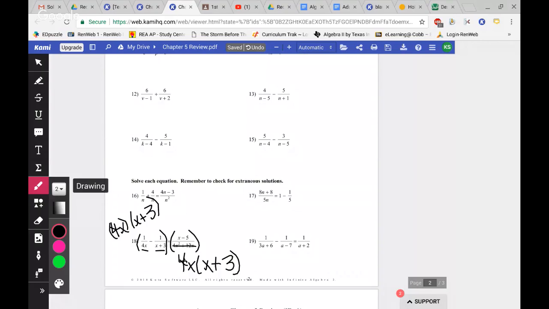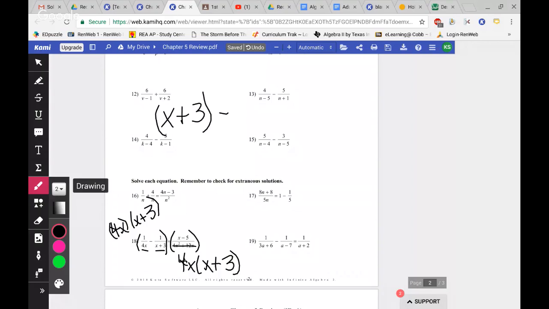And so what you're looking at is 4x goes into 4x times x plus 3. Those cancel out and leave you with an x plus 3 times the numerator, and in this case, it's just a 1. So you have x plus 3. And then minus, and then this x plus 3 goes into the greatest common denominator, and the x plus 3's cancel out and leave you with a 4x.